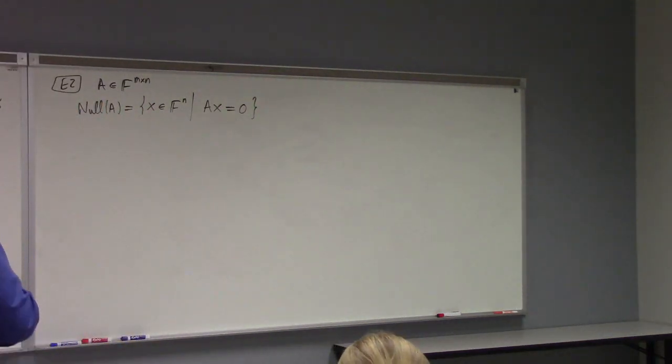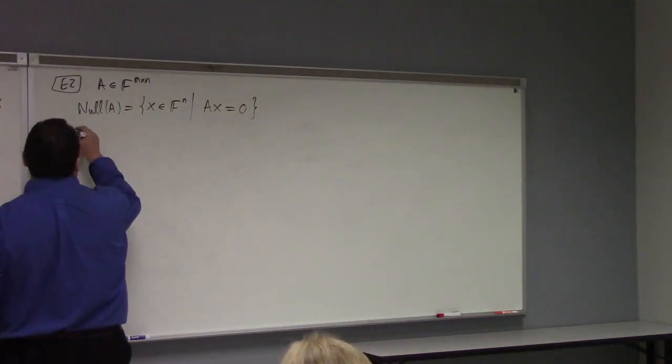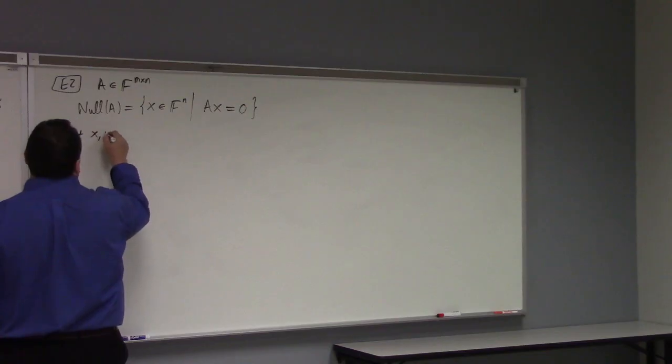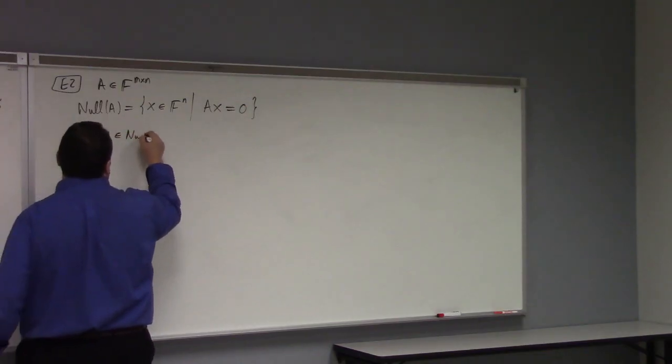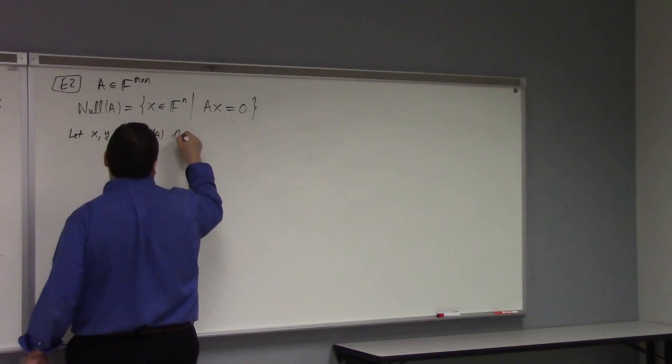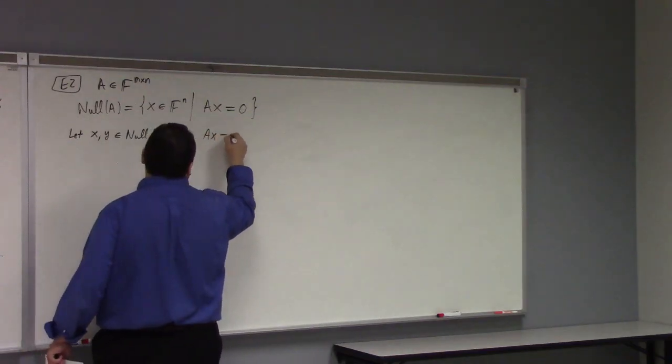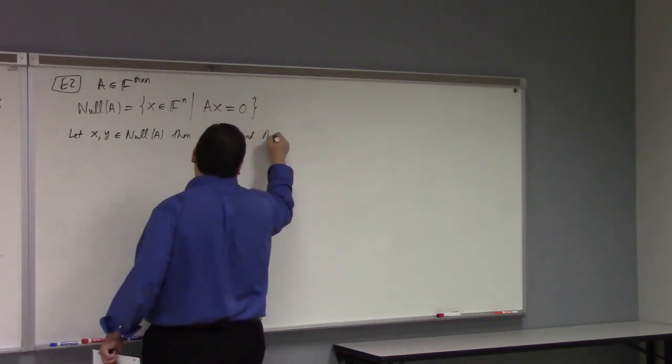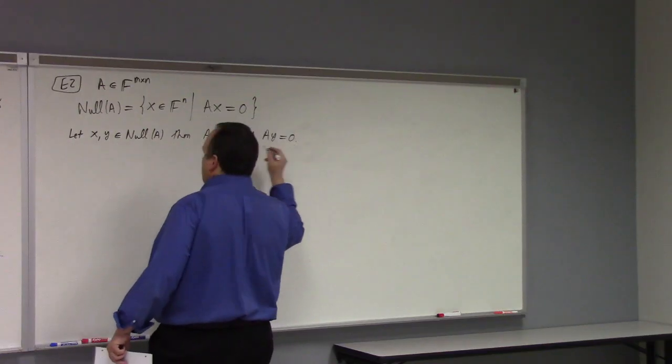So let x, y be in the null space of A, then of course Ax equals 0 and Ay equals 0.